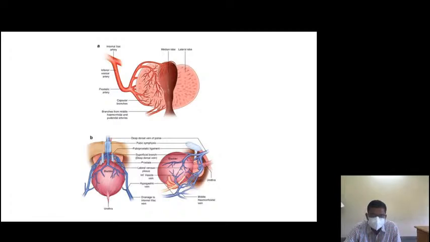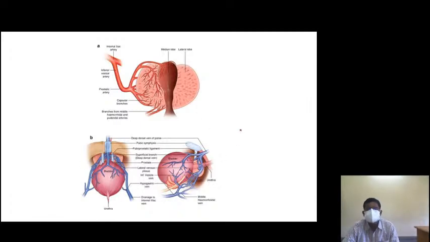The prostatic artery also gives capsular branches, which supply the lateral lobes and the median part of the prostate gland. The prostate can also be supplied by the superior rectal artery and other arteries.